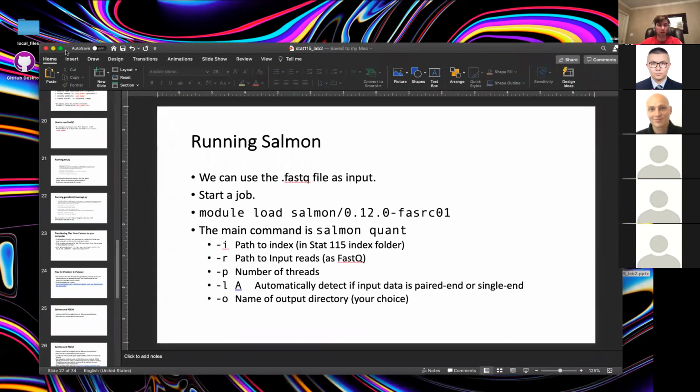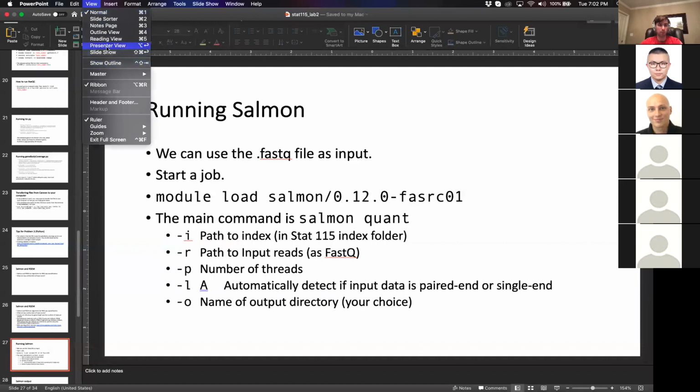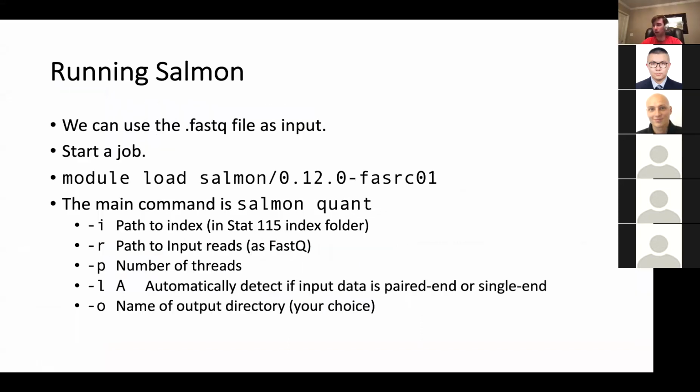The point of Salmon is that it's very fast. You can just give it the FASTQ file, and it doesn't actually do alignment like STAR does. It approximately figures out where in the transcriptome your read came from, since it's just for RNA-seq quantification.